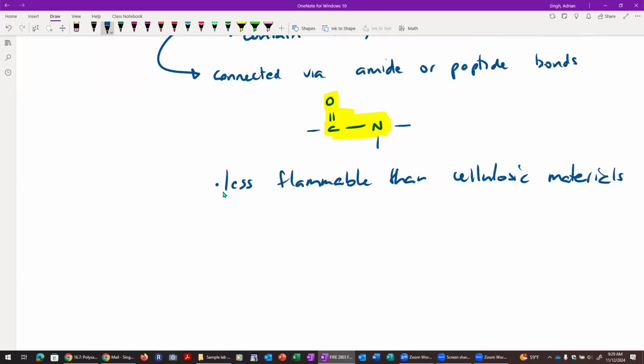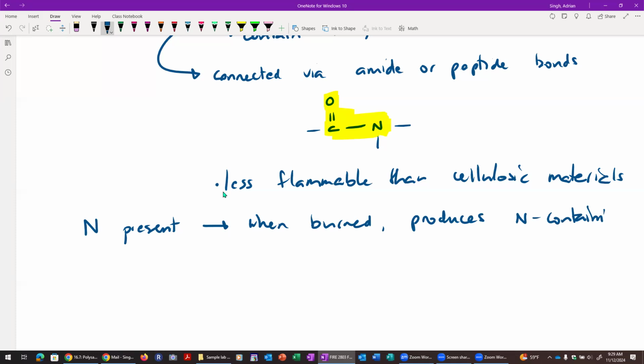So they do burn, but they're less flammable because of the presence of nitrogen atoms in these proteins and protein-based materials. Their thermal decomposition can include nitrogen-containing products. So when burned, in addition to all the other products mentioned before, these will also produce nitrogen-containing irritant and toxic gases.